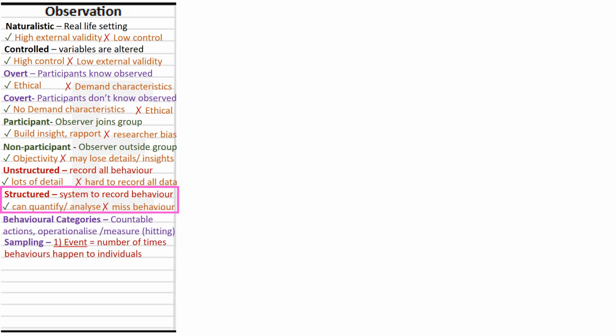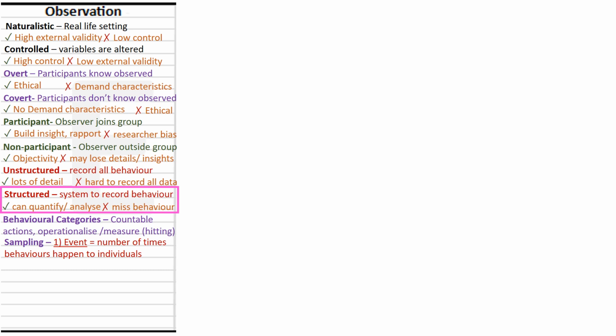Okay, so once we've identified our behavioural categories, we need to think of a way to record them. So our sampling technique, as we're sat here watching an observation, can come down to two main ways. We might have event sampling. We might have these behavioural categories listed out in a tally chart and we just tick them off as we see them. So we maybe watch one individual and each time these behaviours happen with this individual, we tick them off. So that's per event.